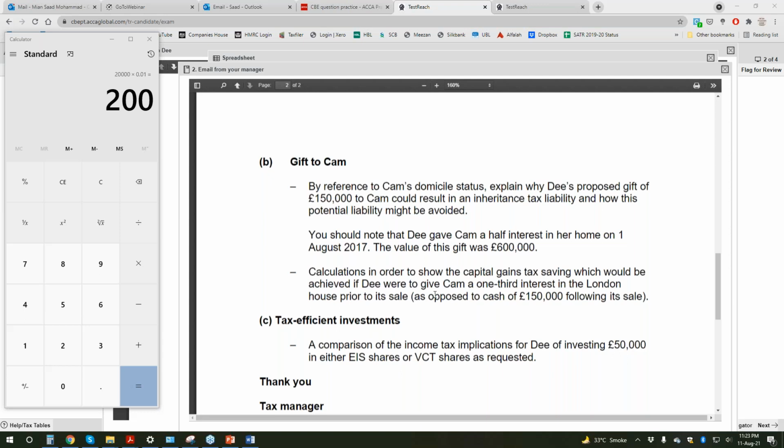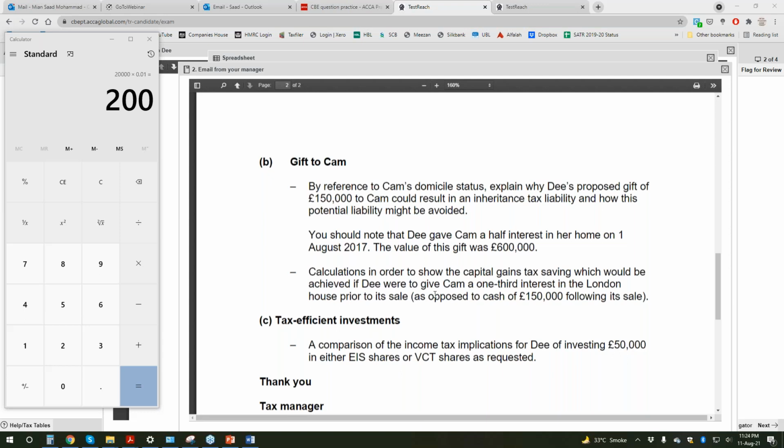Do remember, if you are a UK domiciled spouse, you have an unlimited number of gifts option available to gift each other or to transfer to each other, and it will not attract any IHT. If you're a non-UK domiciled spouse, the limit is equivalent to the nil rate band, that is 325,000. It will not consume your nil rate band, but coincidentally the amount is the same, 325,000.